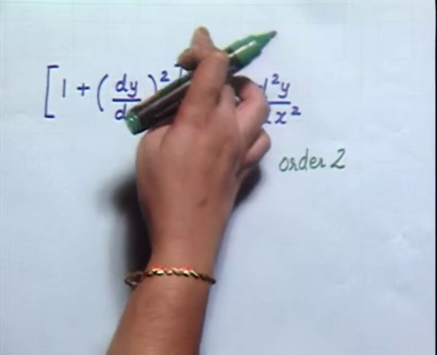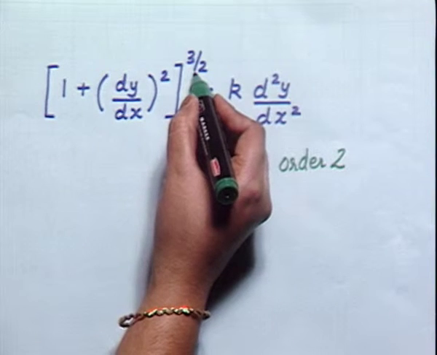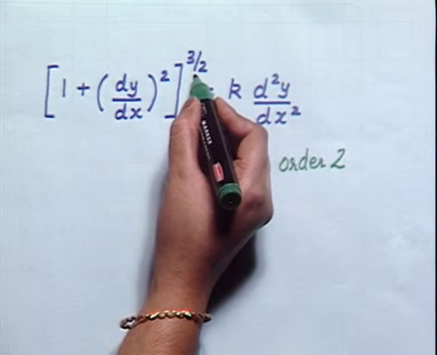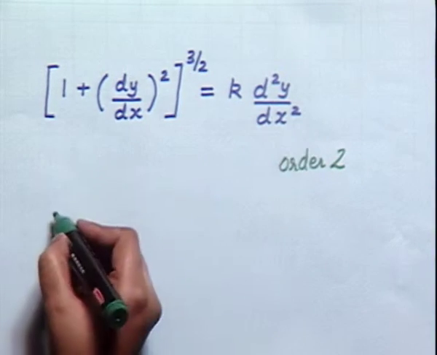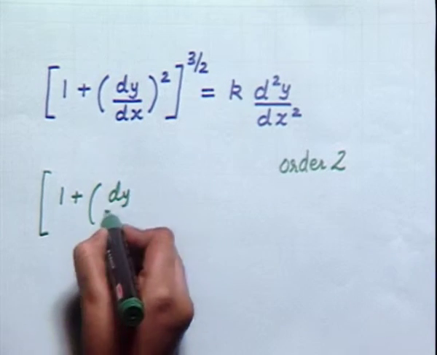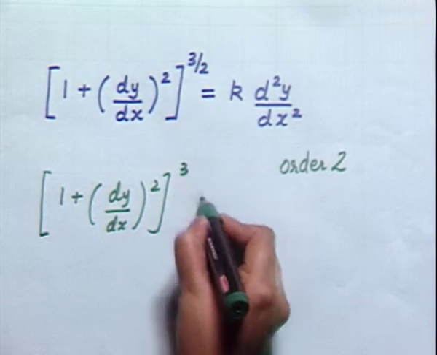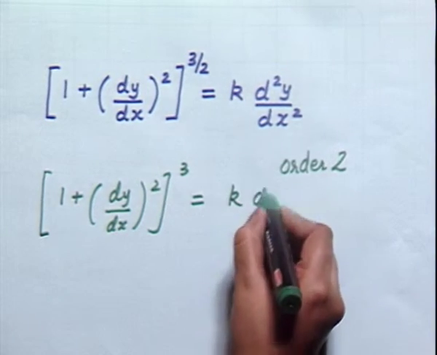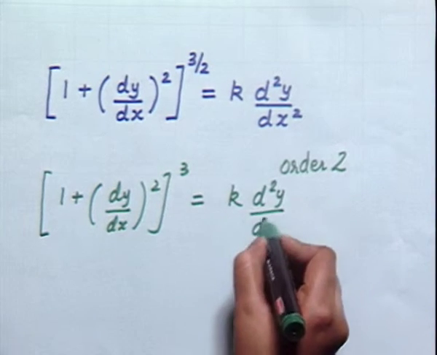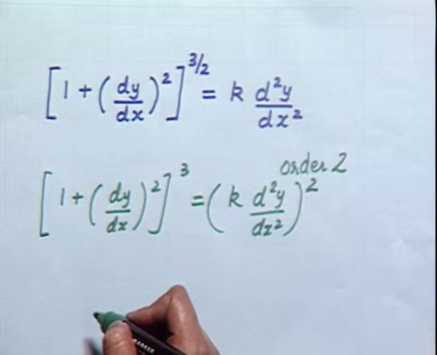First we have to adjust this power here. So, we can remove the radical, that is we can remove the square root by taking square of both the sides, and the equation will change into 1 plus dy by dx whole square to the power 3 is equal to k d2y by dx2 whole square, taking square of both sides.